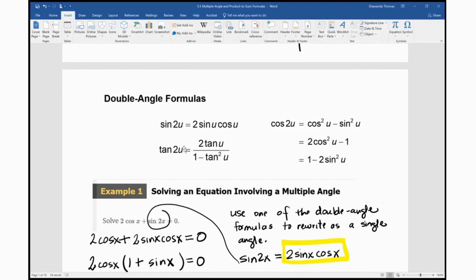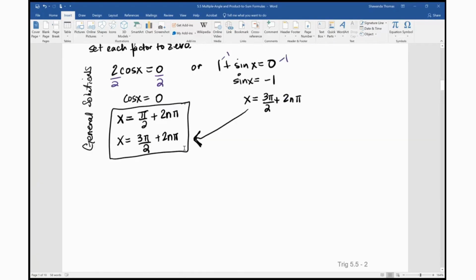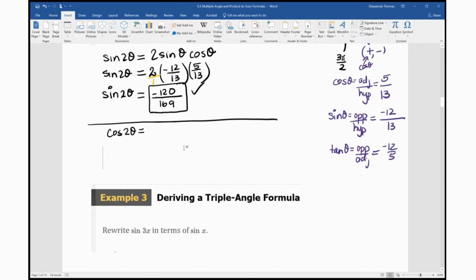Which one do you want to use? Doesn't matter to me. We did all the grunt work already. We just got to plug it in. Which one do you like? The first, second, or third one? Third one? Okay. Fine with me.